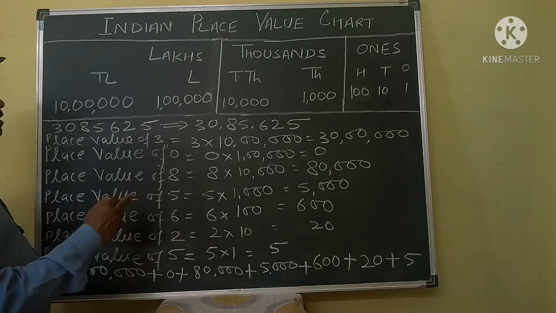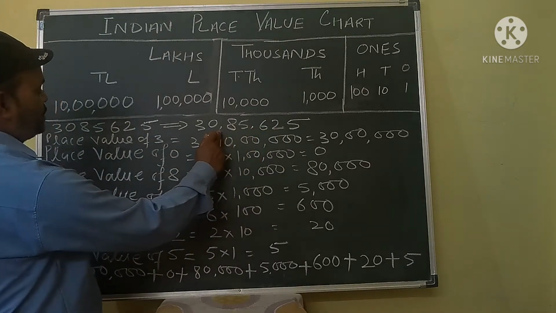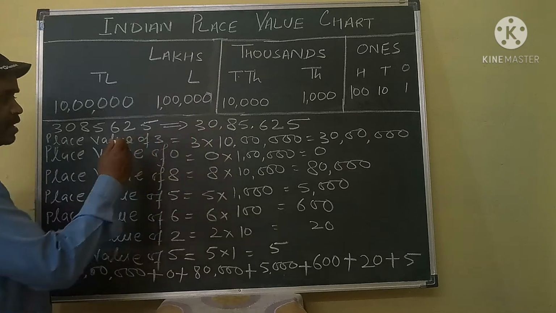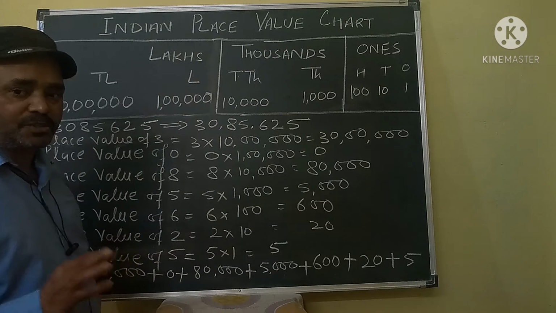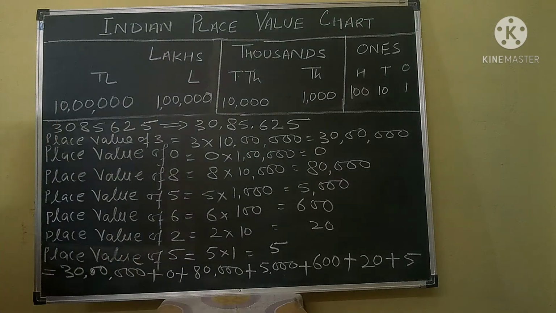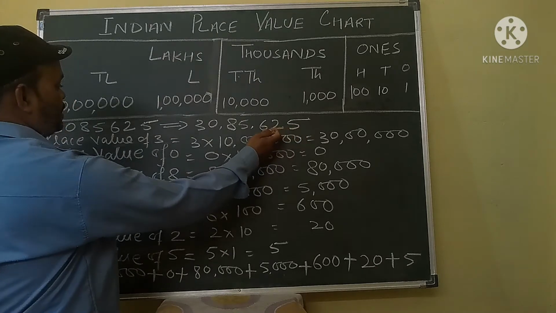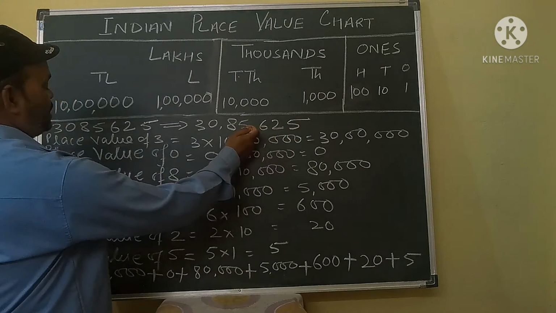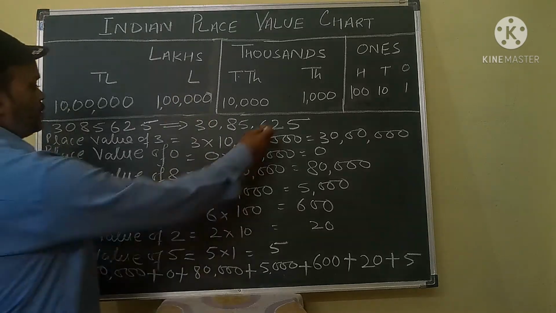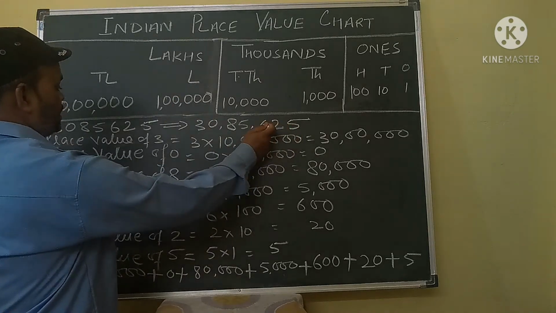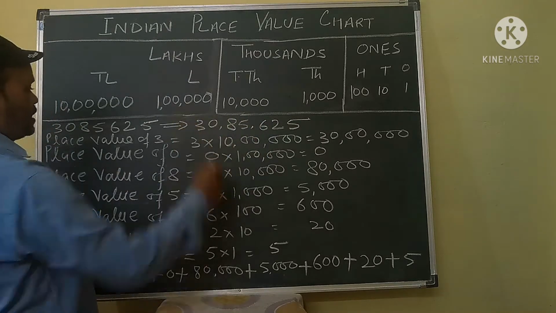As you are looking, first comma after 3 digits, second comma after 2 digits and the next comma after 2 digits, according to the Indian place value system. So this is ones, tens, 100, 1000, 10,000, lakh, 10 lakh.